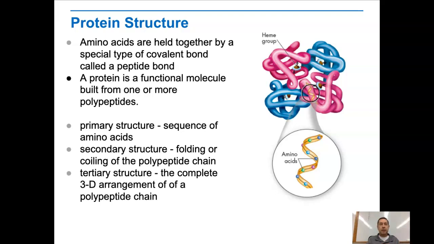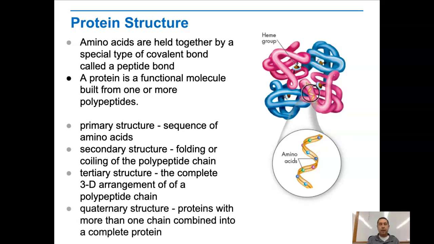Tertiary structure is the 3D shape of the polypeptide chain, and it's primarily due to interactions with water. Parts that like water are going to be on the outside, and parts that don't like water are going to be on the inside. And when you combine multiple polypeptide chains to make a complete protein, like the hemoglobin molecule here, that's the quaternary structure.